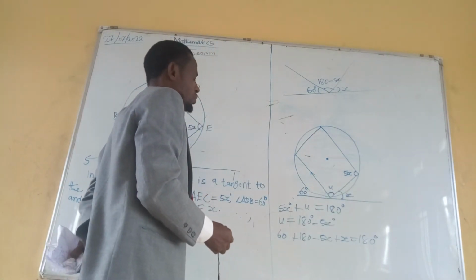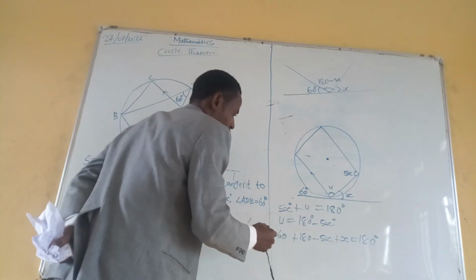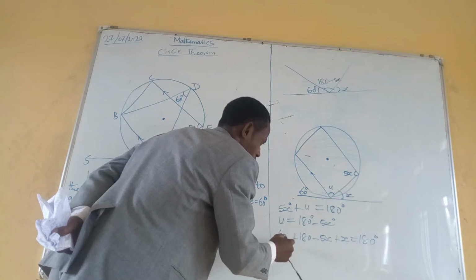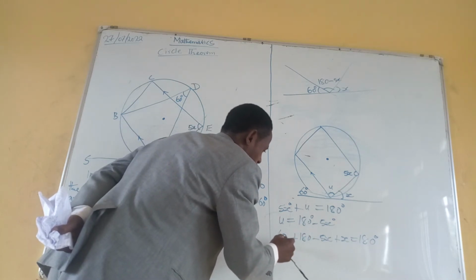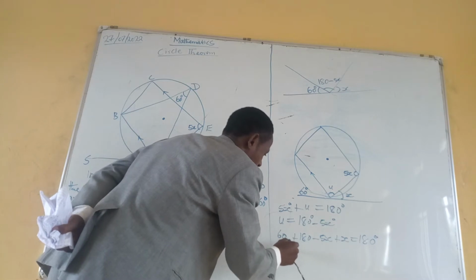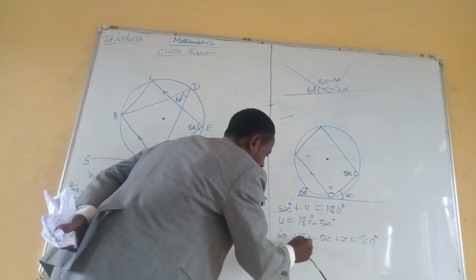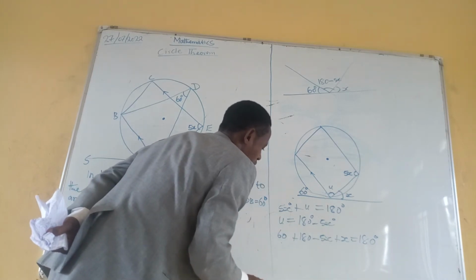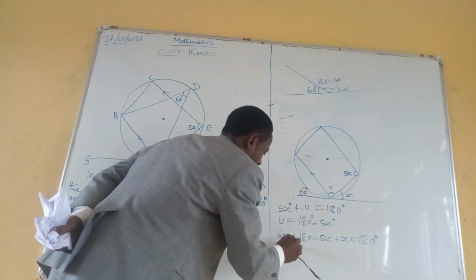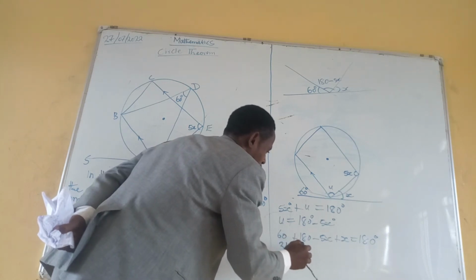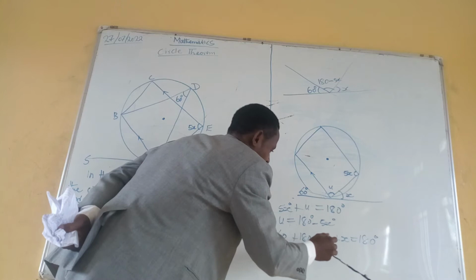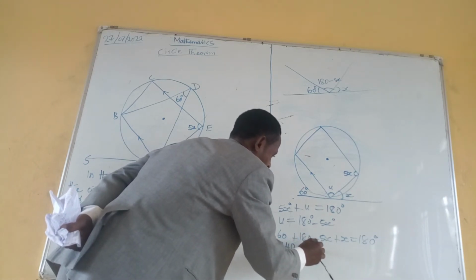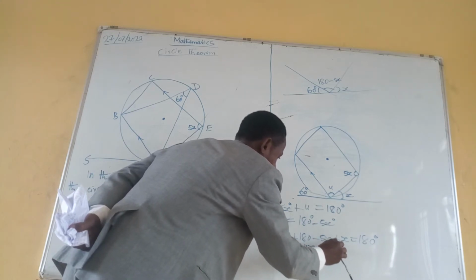Okay? So let's group like things. 60 plus 180, let's add them quickly, that is 240, plus 5x minus x, that is minus 4x, equals 180 degrees.